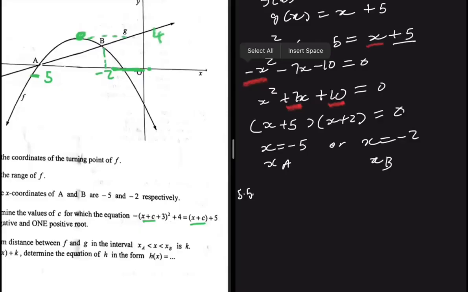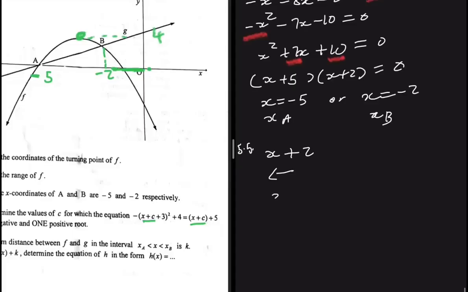So another thing to remember here is that if you have x plus 2, you are shifting your graph 2 units to the left, right? You're shifting your graph 2 units to the left. But then if you have x minus 2, you're shifting it 2 units to the right. I know it's counterintuitive that the plus is to the left and minus to the right in this case, but that's what it is, right?